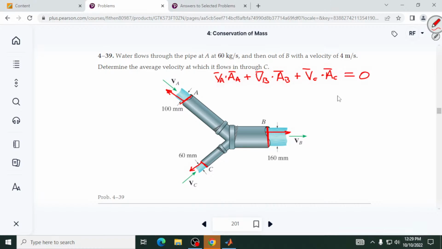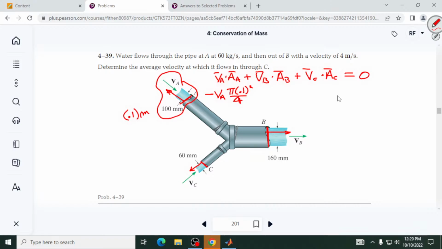So now if I dot these and I look at A, opposite directions give you a minus. So minus whatever the velocity at A is, pi, I might just want to list that as 0.1 meters. So 0.1 squared over 4, pi d squared over 4 is the area.